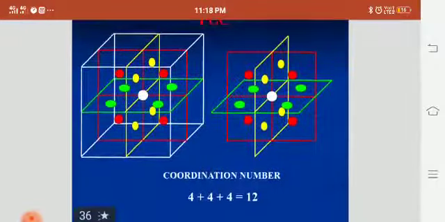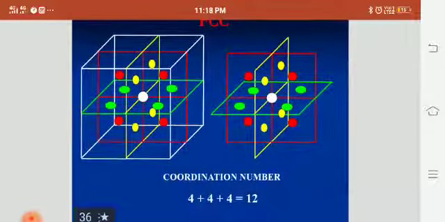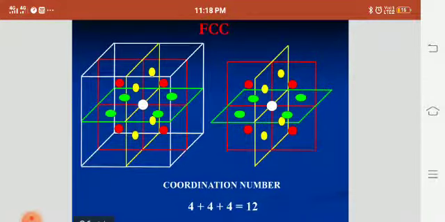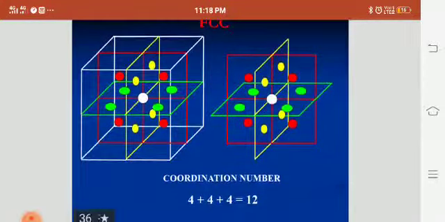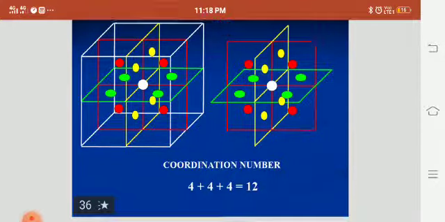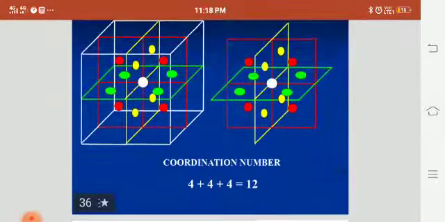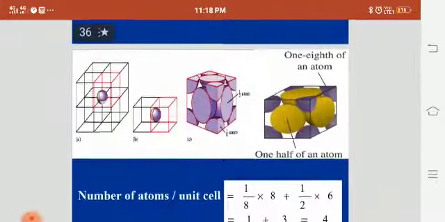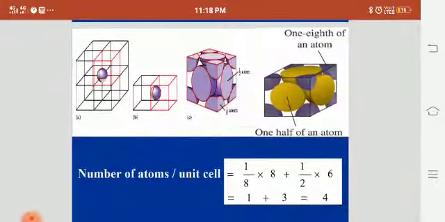Here we can see the coordination number is 12. In the x-axis there are 4 atoms which are equally distant, and likewise in the y-axis as well as the z-axis. So totally we have 12 atoms at equidistance. So the coordination number of FCC structure is 12. Next we have the number of atoms per unit cell.